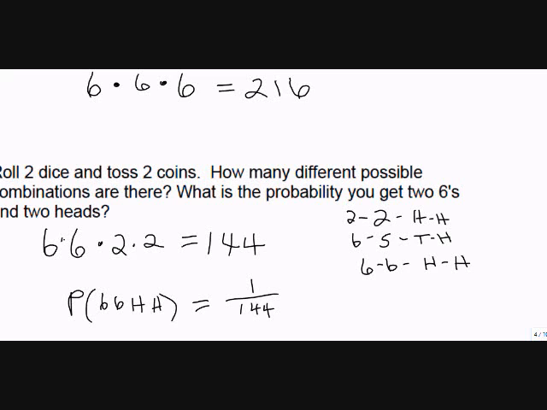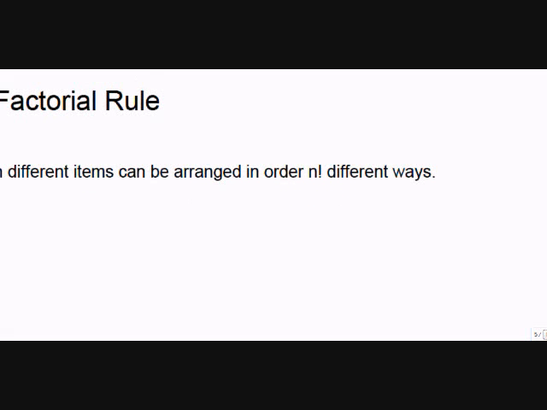We might say 1 out of 6 times 1 out of 6 times 1 out of 2 times 1 out of 2, and I still get 1 out of 144. Maybe just a little faster. Maybe not. Okay, so that's one counting rule that we're looking at.